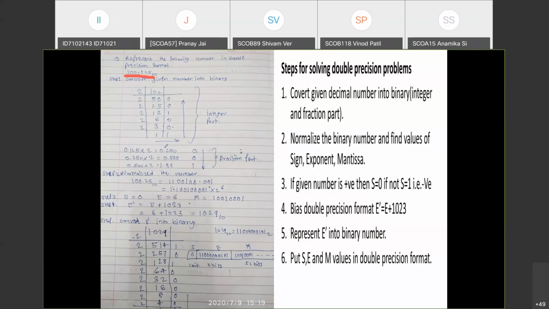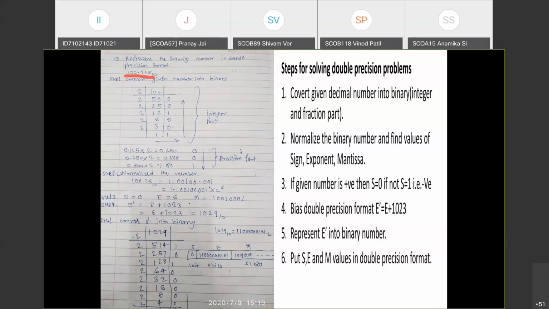Now for the fraction part, 0.125 multiplied by 2. We perform the multiplication and get 0.250. Again 0.25 multiplied by 2 gives 0.500. And 0.5 multiplied by 2 is again 1.00.